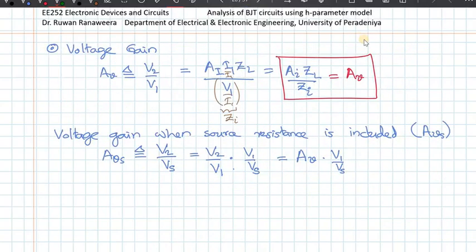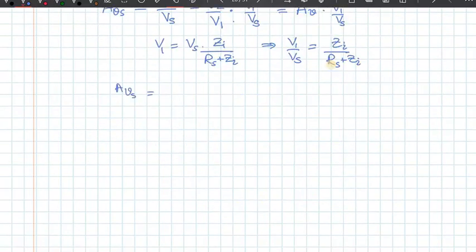V1 is equal to Vs times Zi divided by Rs plus Zi, by voltage division. So V1 over Vs is Zi over Rs plus Zi, and therefore my Avs is equal to Av Zi over Rs plus Zi.